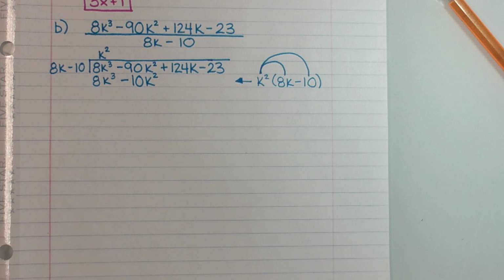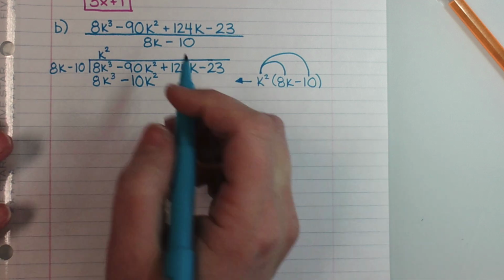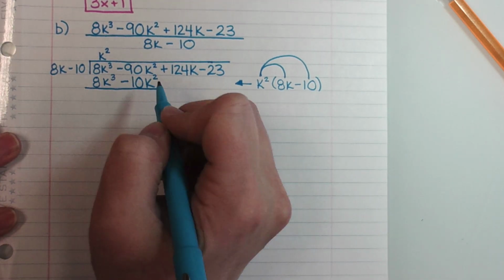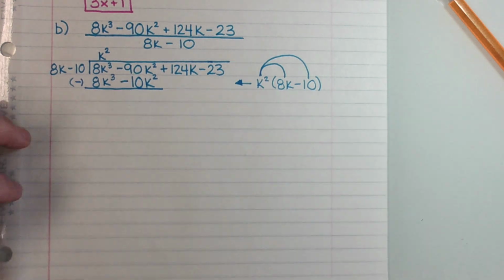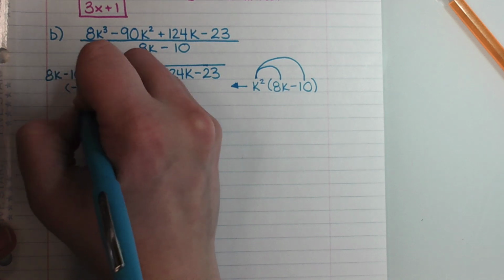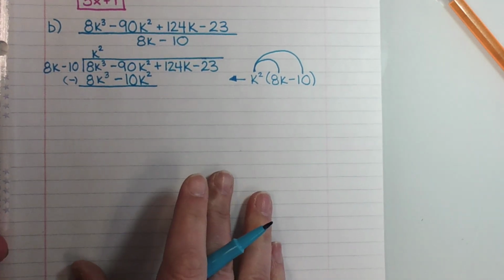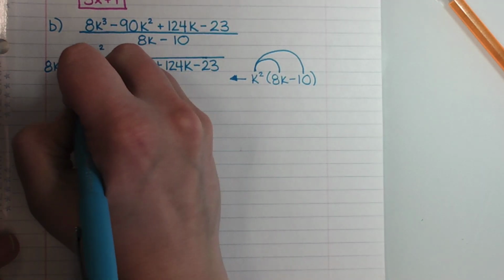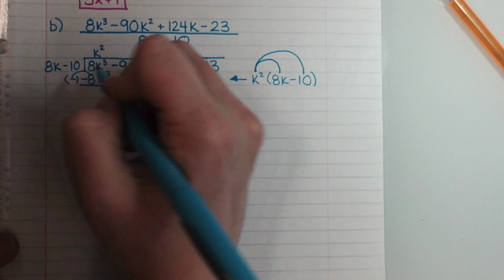Now what? Subtract. To make subtraction easier, we can always distribute that negative to the terms and add the negative version. Distribute the negative there, I get negative.